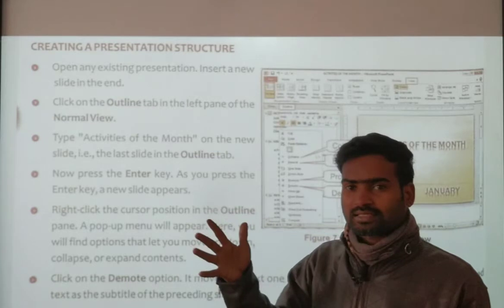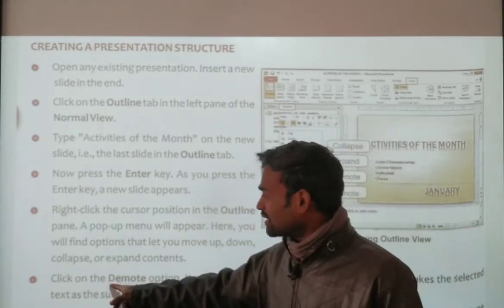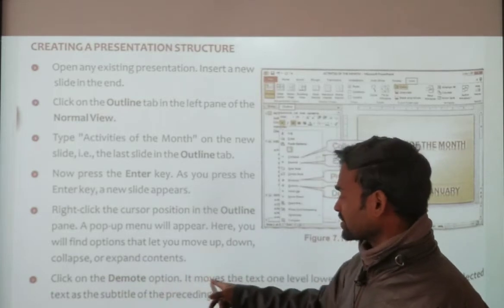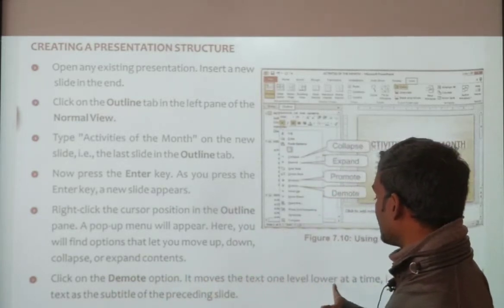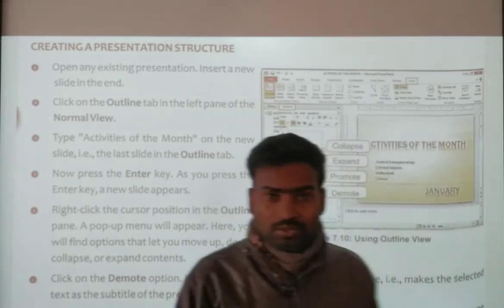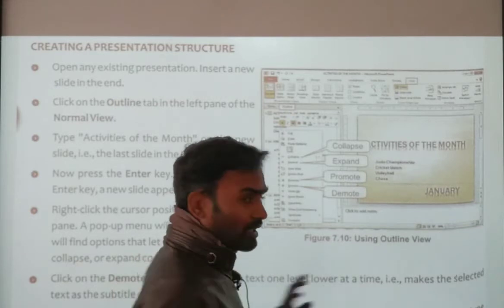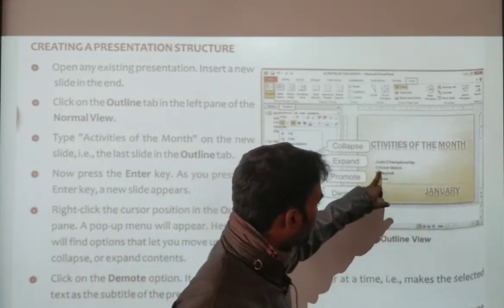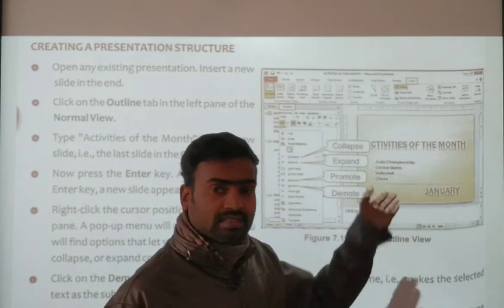And click on the demote option. It moves the text one level lower, one level at a time. So when you demote it, this will go to a separate slide.